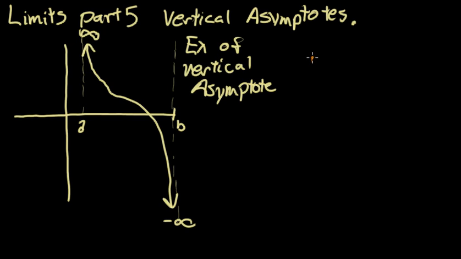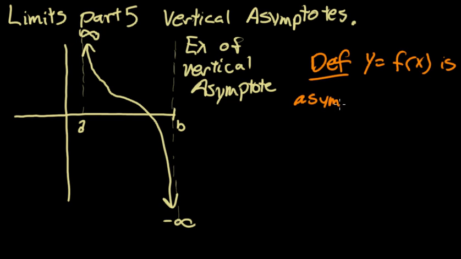Let's do the definition of it. Do that in orange. Definition. We'll say y equals f of x is a vertical asymptote if at x equals a, any of the following hold.